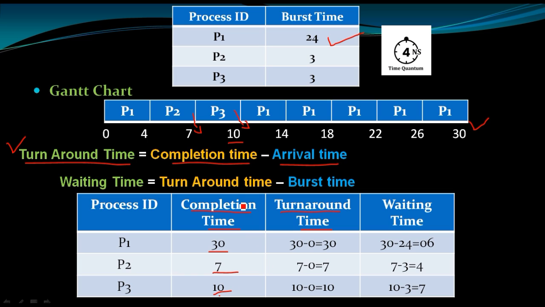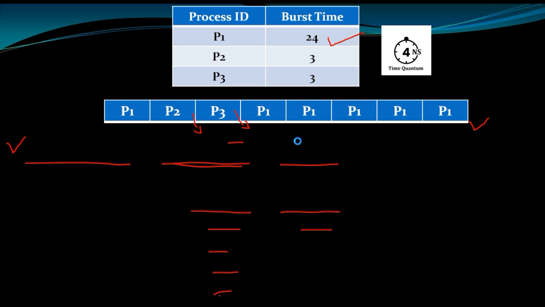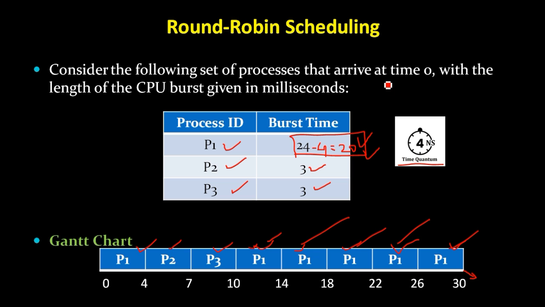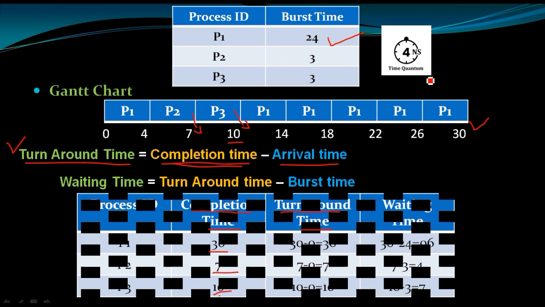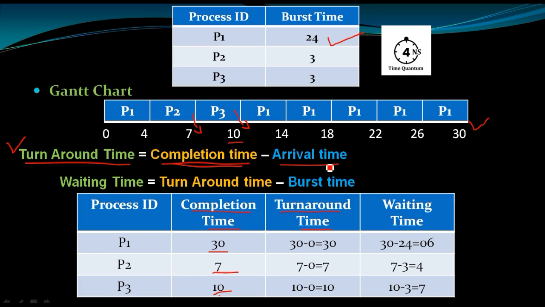Based on these completion times, let us calculate the turnaround time: completion time minus arrival time. As we said in the previous slide, all the processes arrive at 0 nanoseconds. So let us have the table: the arrival time is 0.